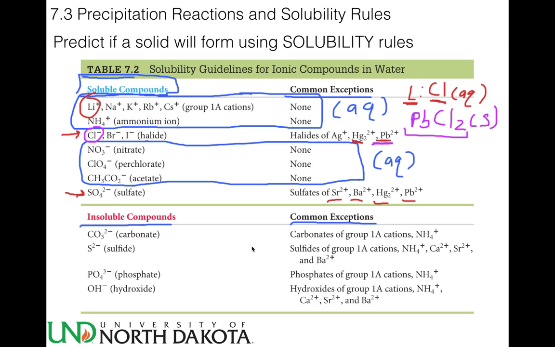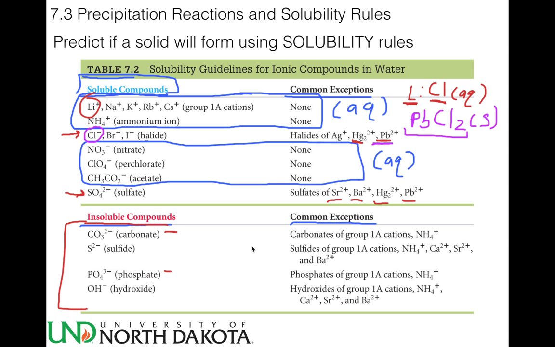Now down at the bottom portion of the table are ions that form compounds that are mostly insoluble. For instance, carbonate and phosphate, we have a charge of -2 on carbonate and one of -3 on phosphate, so multiple charges, meaning most of these compounds have really high lattice energies.